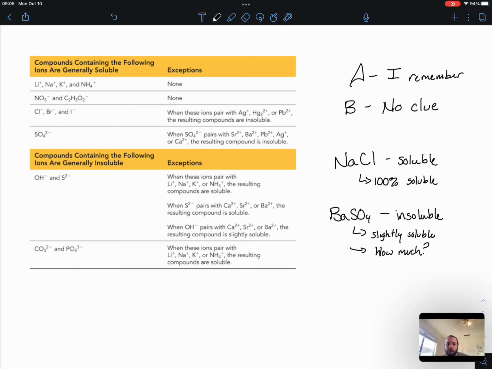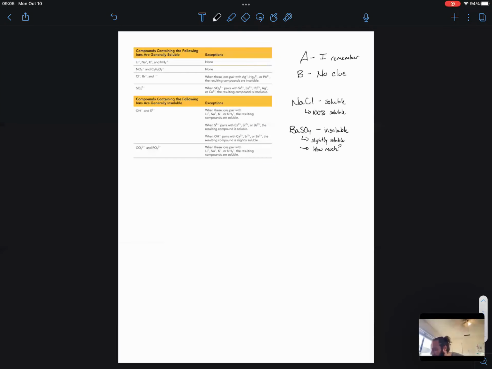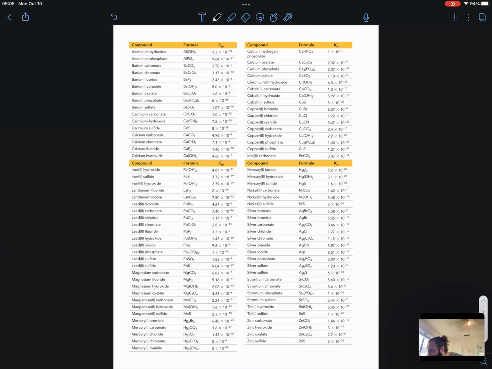Cool. All right. So how are we going to do that? Well, now we're going to have this new addition to our constants page. These are these Ksps, these solubility product constants. And now if we were to look up our barium sulfate, we would have this Ksp value associated with it. That's going to help us quantify the degree to which this compound is indeed soluble.